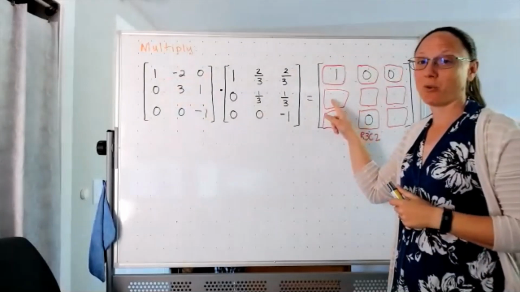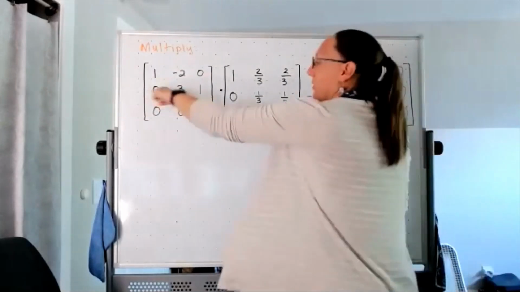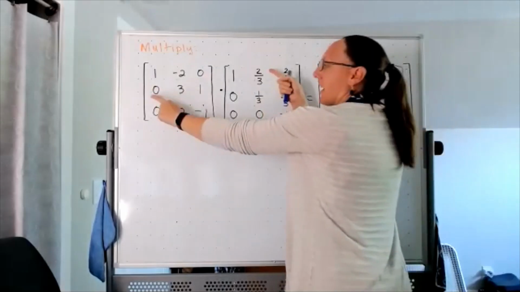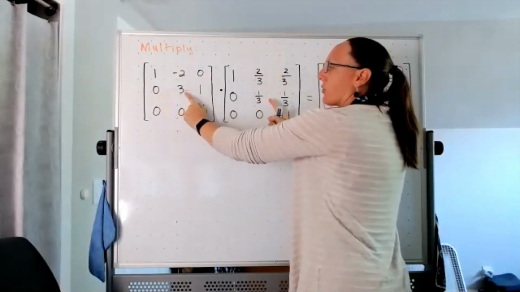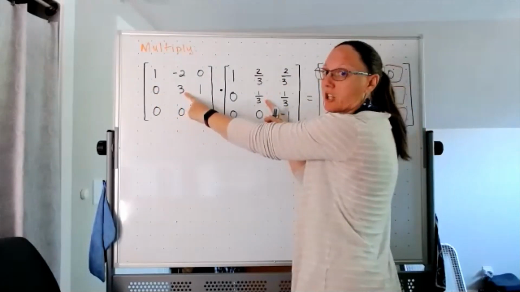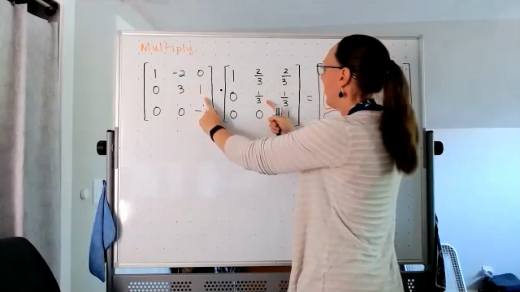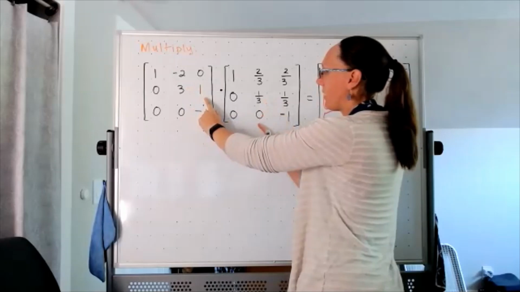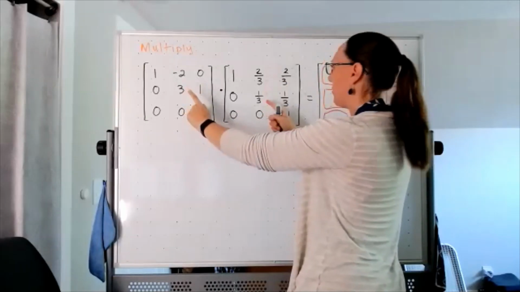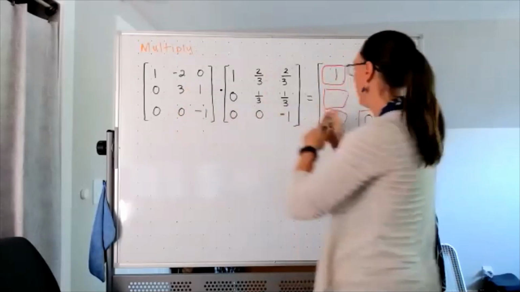This is row 2, column 1. I've got a 0. And 3 times 1/3 should be +1. And 1 times 0 is 0. So what did I get? I got a 1.